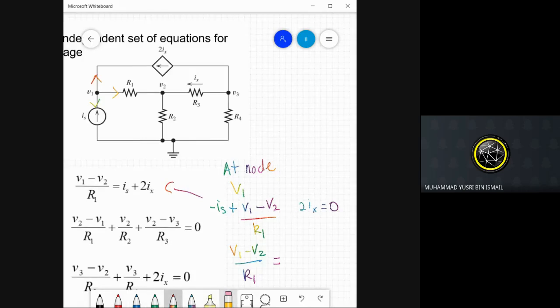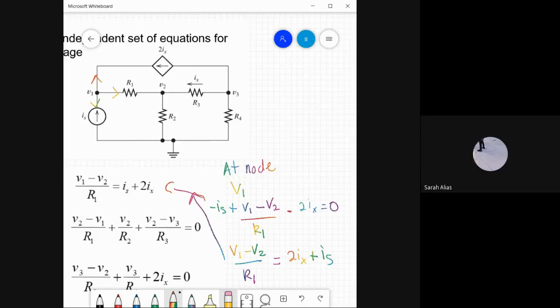So this one will be a negative. Okay, so when you bring to the right hand side, you will have 2Ix plus Is. Okay, dapat ni Sarah? Dapat macam ni? Dapat kan? Okay, dah dapat.